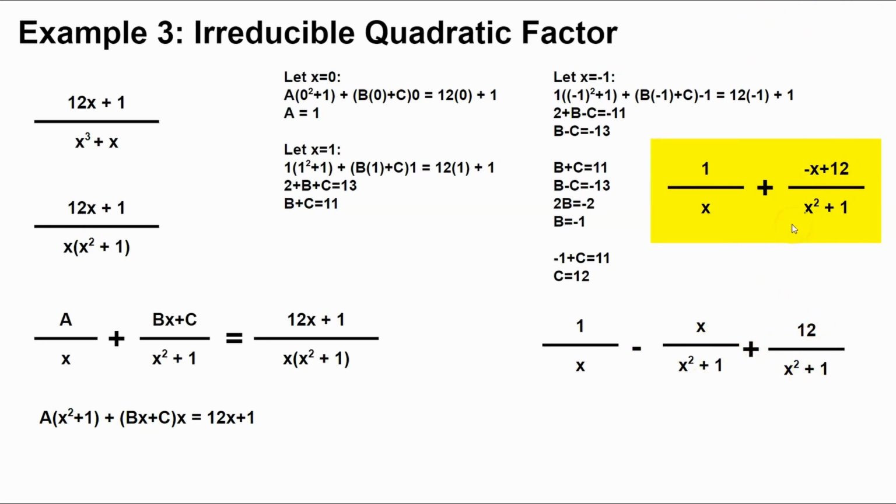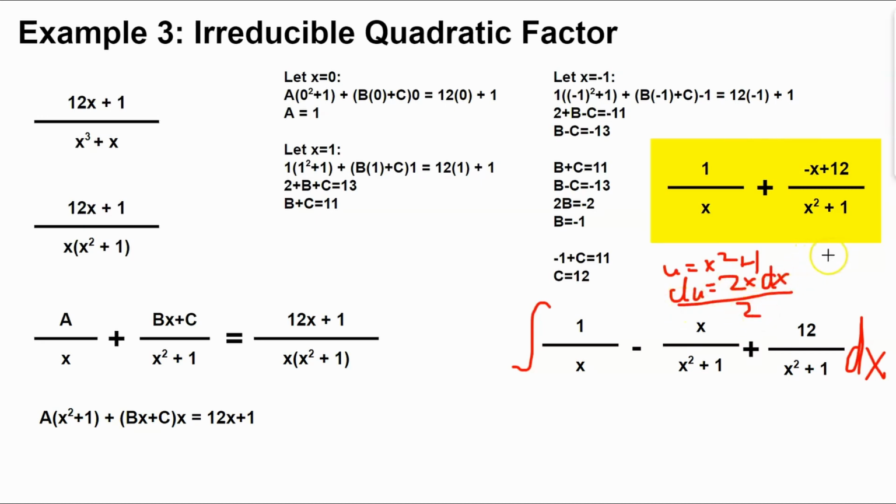So if you know a constant over x squared plus 1, the antiderivative of that is just tan inverse of x. And then for this one right here, x over x squared plus 1, you can just use u-sub. So u is equal to x squared plus 1, du is equal to 2x dx, and then we're going to have to divide by 2 to balance it out.